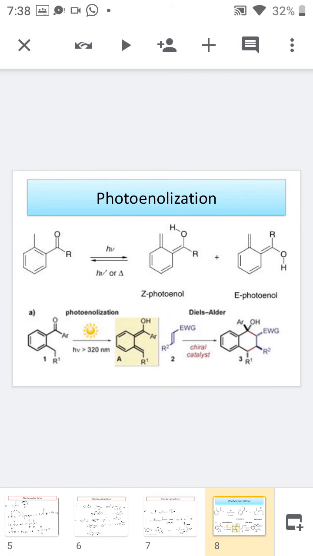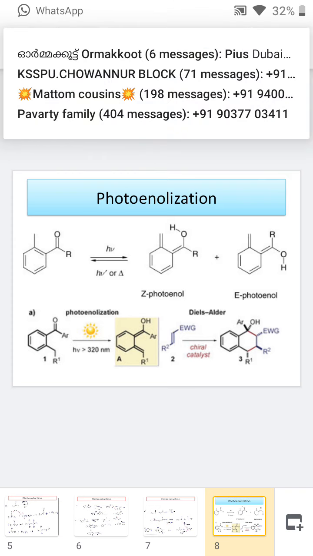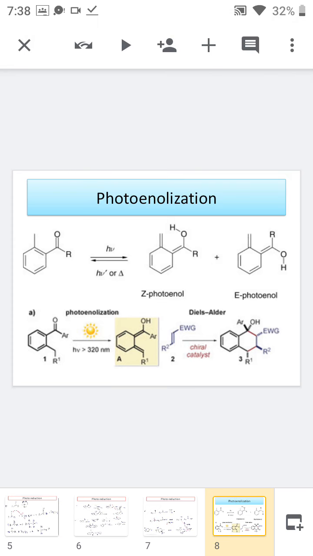Now we are moving to the next topic, that is photoenolization. Photoenolization means that in the presence of only light the enolization will occur. Here also the carbonyl group is highly reactive, it undergoes homolytic cleavage and forms the two radicals, one on the oxygen, the second on the carbonyl carbon, and after that the radical on the oxygen abstracts a hydrogen from the neighborhood, that is from the gamma position, and forms an enolate.